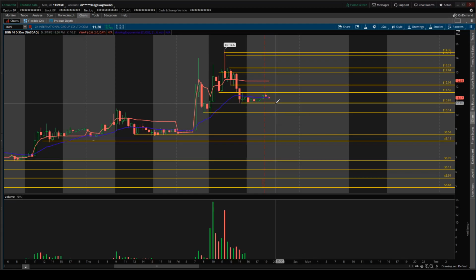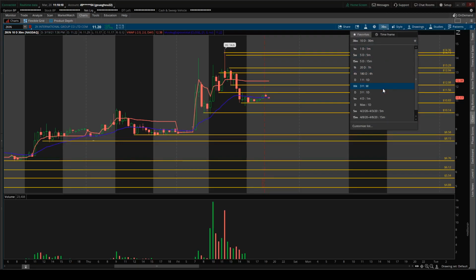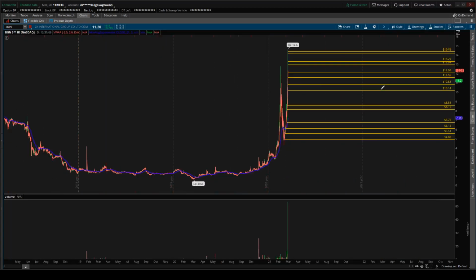So we need to think in probability. It is more probable for this to top at this level, and so the reward should always justify the risk we take. So that's how I do it on the 30 minutes chart, and then maybe I check the daily chart.